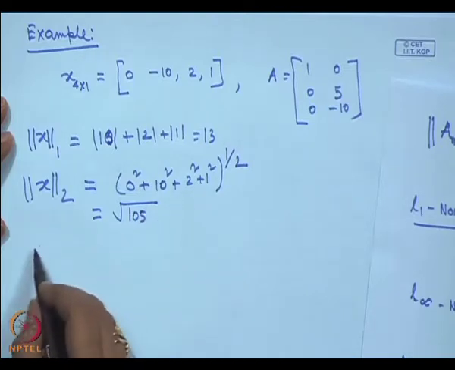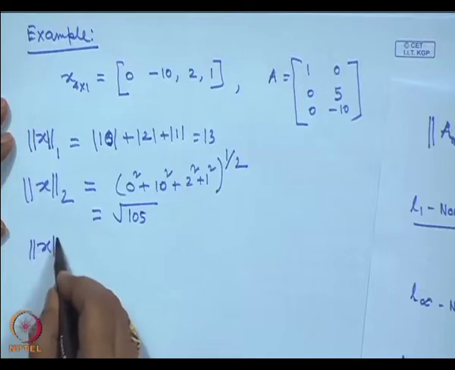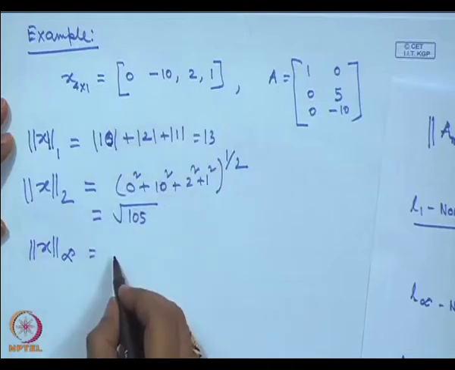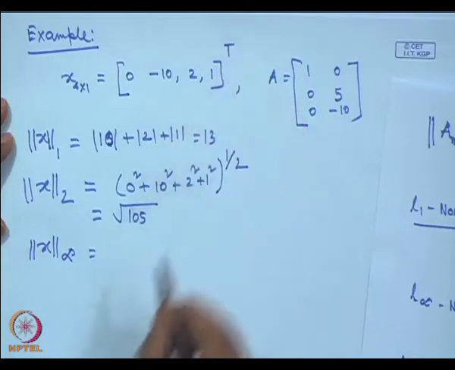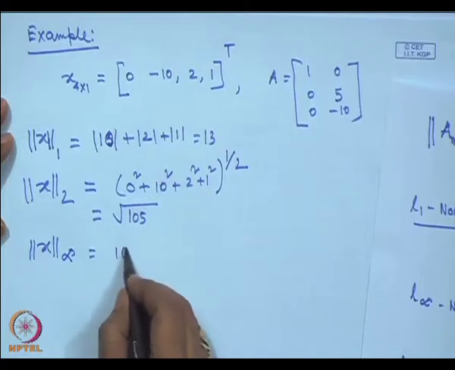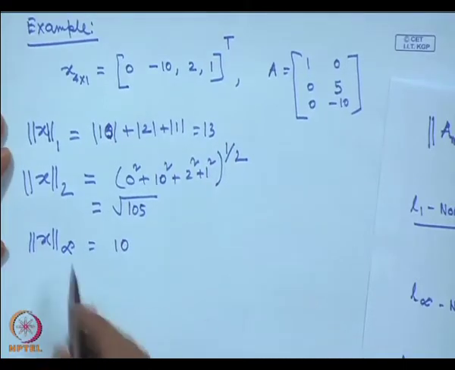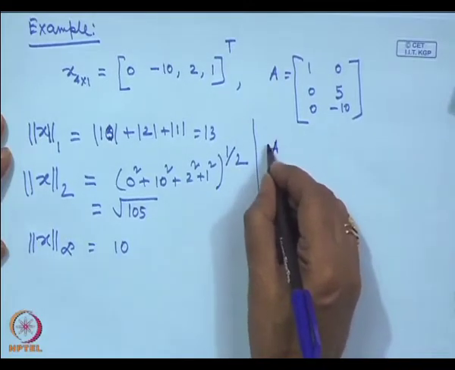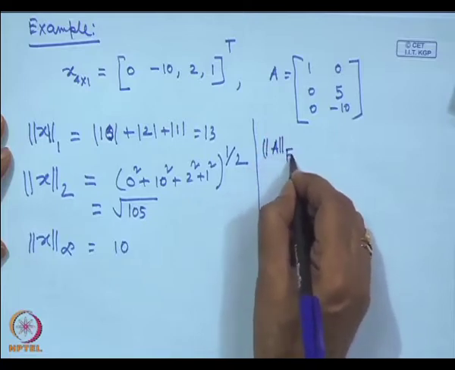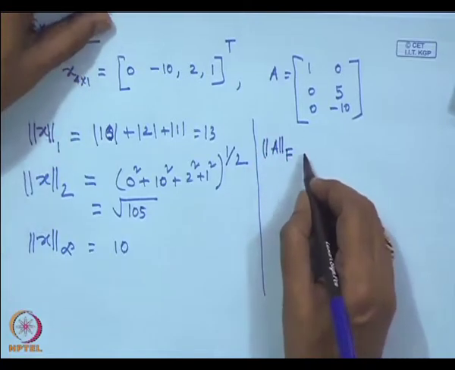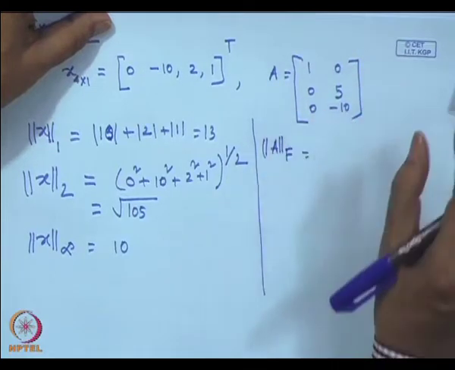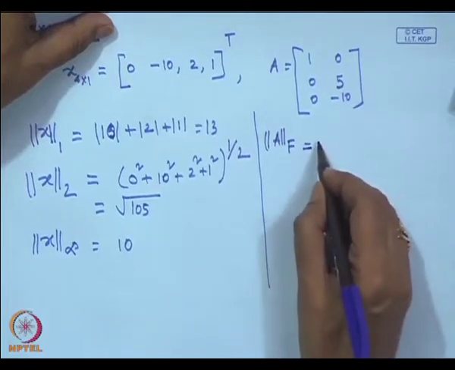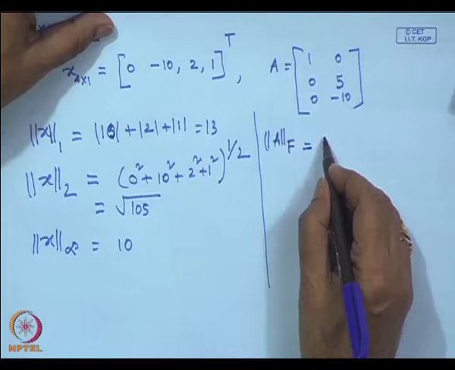And next is the infinity norm of x. Out of these, whichever magnitude is maximum, that will be 10. And next is the matrix A, the Frobenius norm. You arrange all elements in a vector and sum them up.